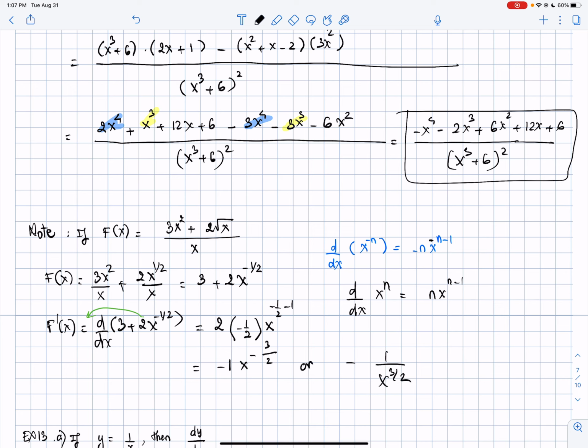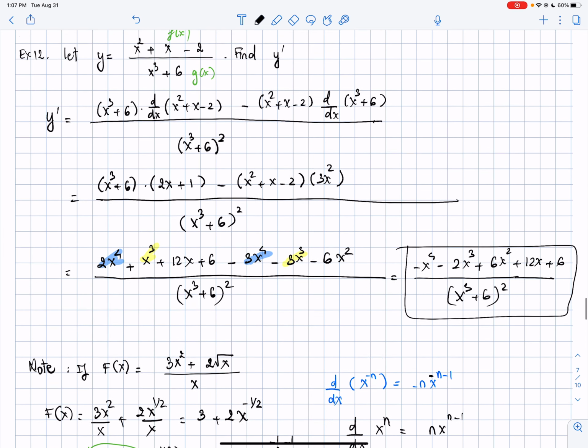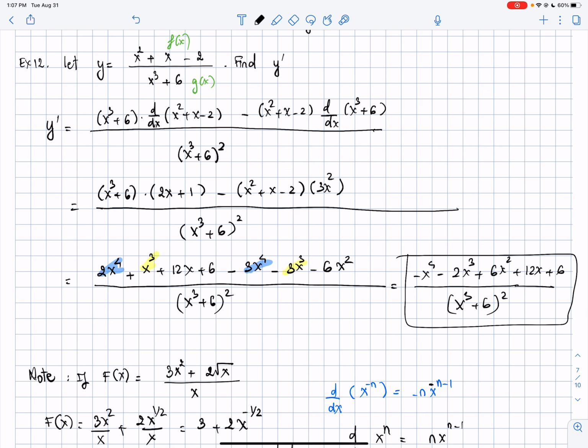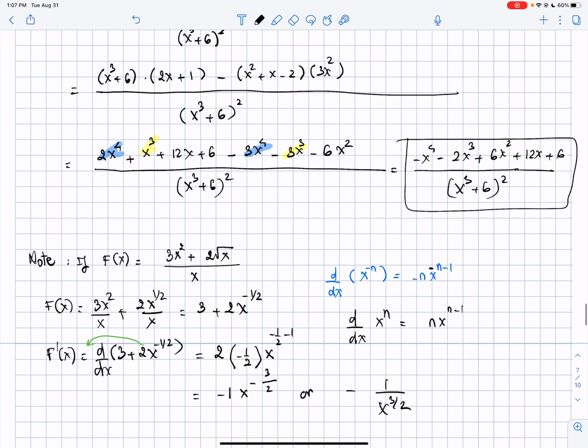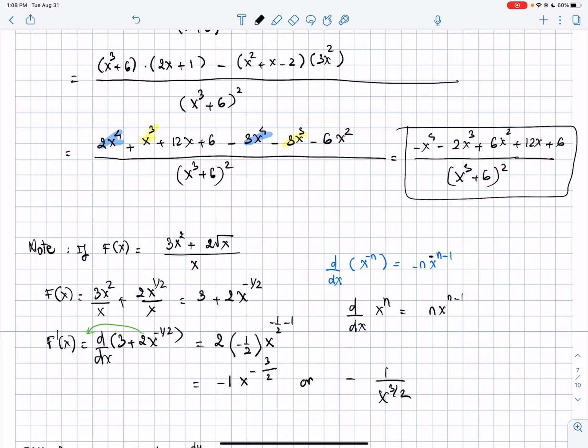When you do it this way, it's much better than applying the quotient rule, which is a lot, just like example 12. So if we are able to simplify first and see what the result is, then we apply the rule next.